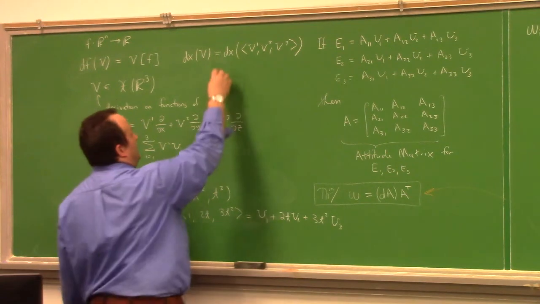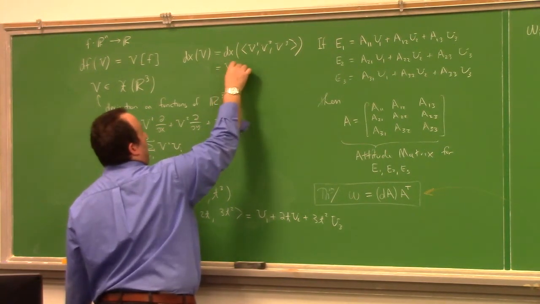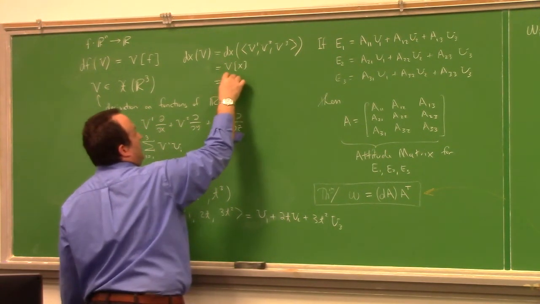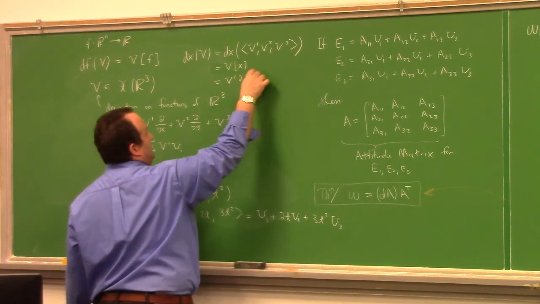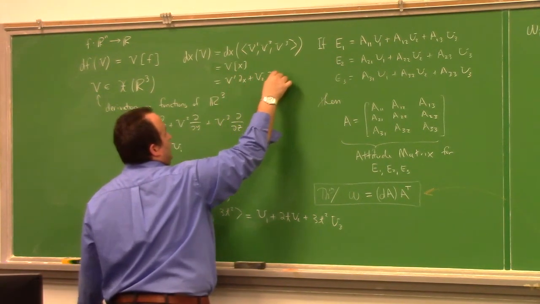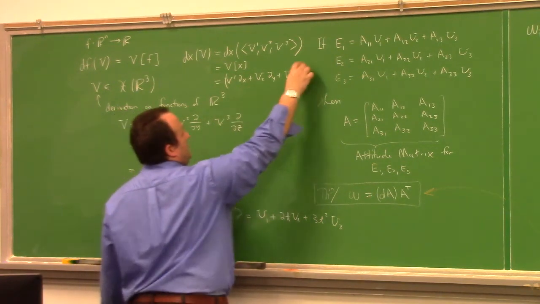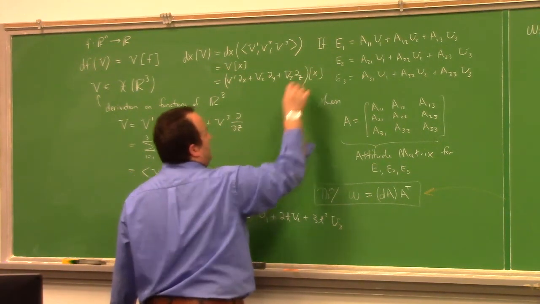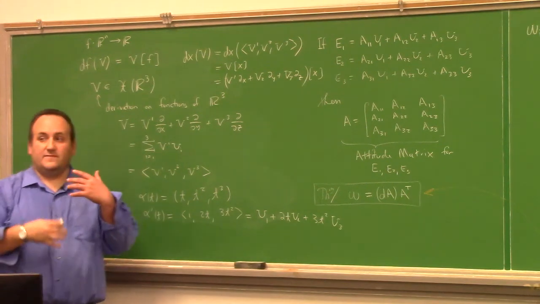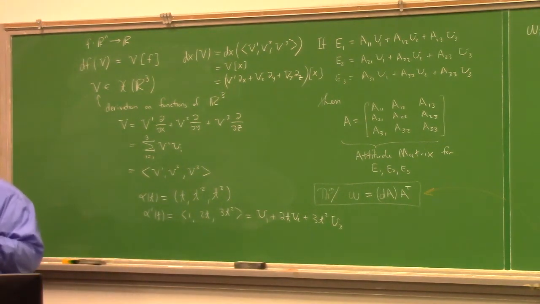I would just go straight to, well, that's v on x, right? And then I would say, well, that's v1 partial x plus v2 partial y plus v3 partial z acting on x, right? So what I'm trying to say is if you're dealing with a formula where the vector is acting on a function, think of the vector as a differential operator.